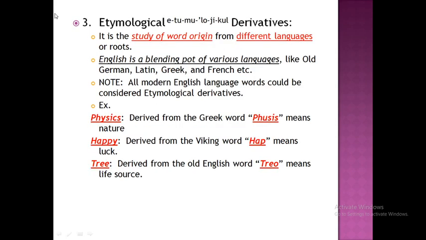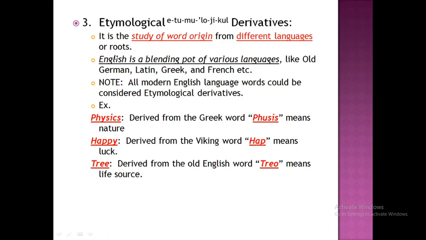The third one is etymological derivatives. What is etymological derivatives? Please remember that this word is typical to understand. It always refers to one science, which is etymology, named in Hindi as Shabd Nishpatti Vigyan.